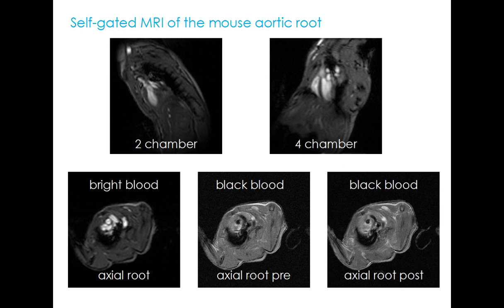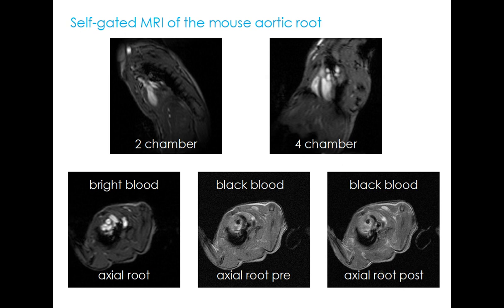And interestingly, in our case, and as it has been demonstrated before, we can use the same navigator that we use to bin K-space to actually also obtain a black blood signal by simply varying the flip angle of the navigator, which is what we actually do here, where we obtain bright blood images with a certain flip angle of the navigator and black blood images of the root.